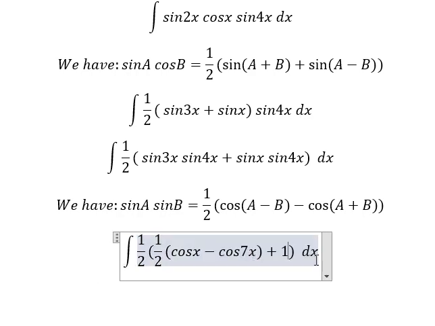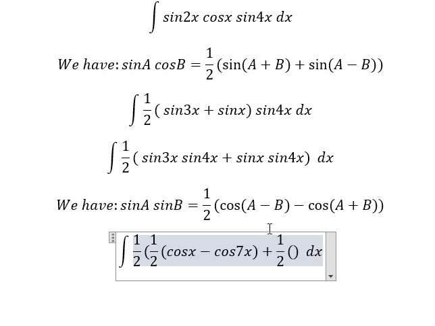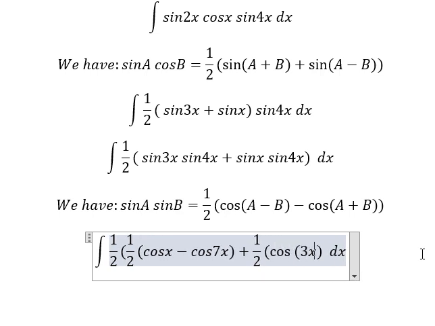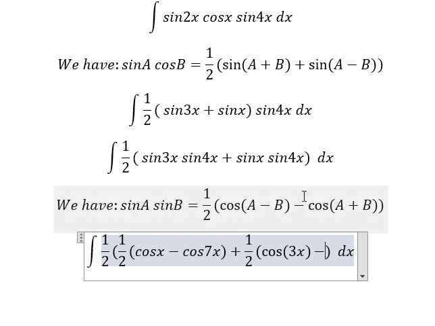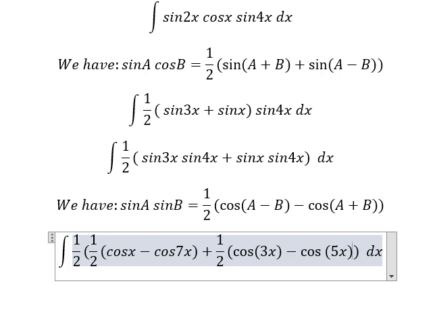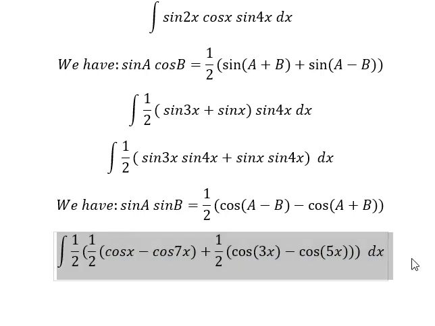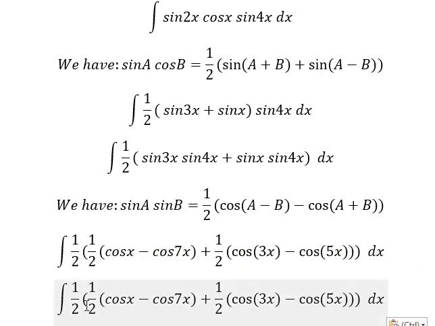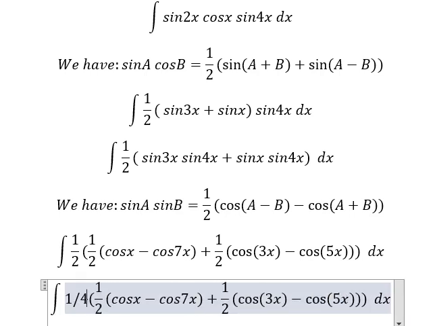This one we have x minus 4x, we have cosine negative 3x, that is cosine 3x. 4 plus 1, we have 5. One over 2 and 1 over 2, we have 1 over 4.